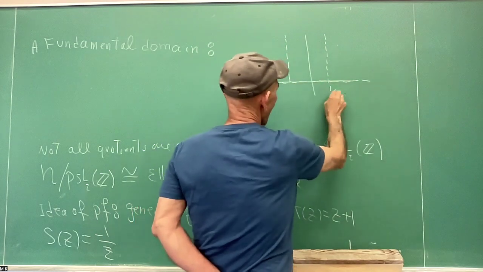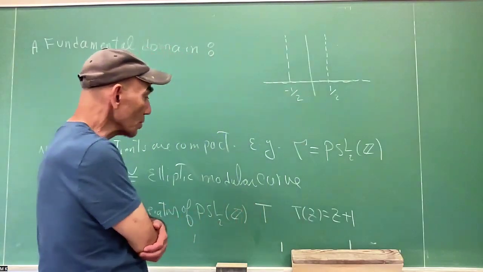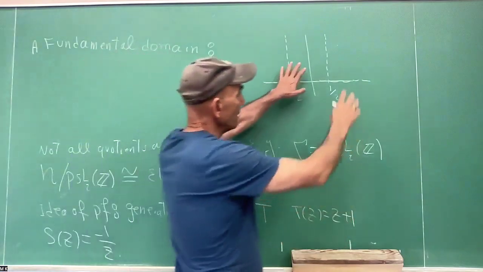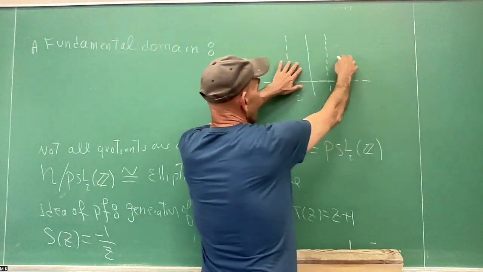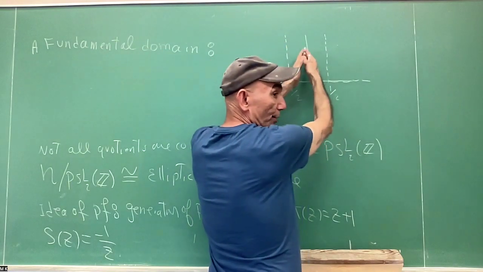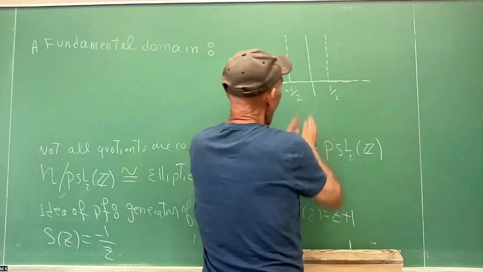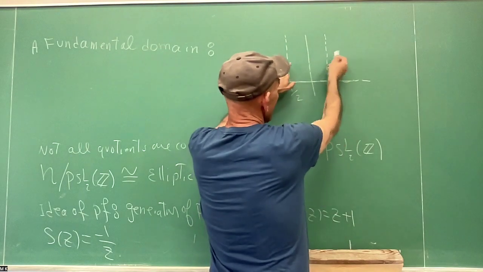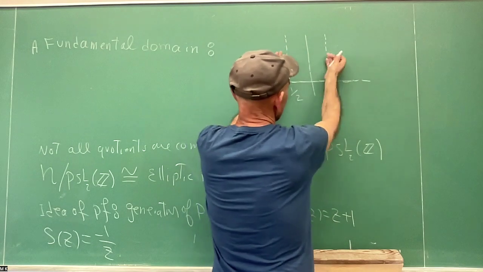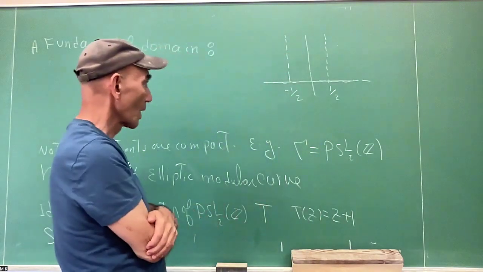This is half, this is minus half. So just purely using T, you can make everything outside of this strip congruent to something inside. You can make it almost uniquely, except these points and that point have the same representative. They get identified under the quotient, but that's okay.